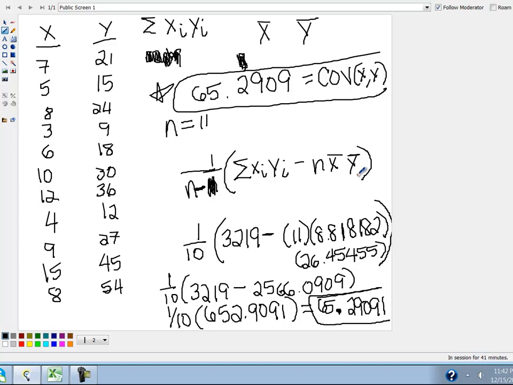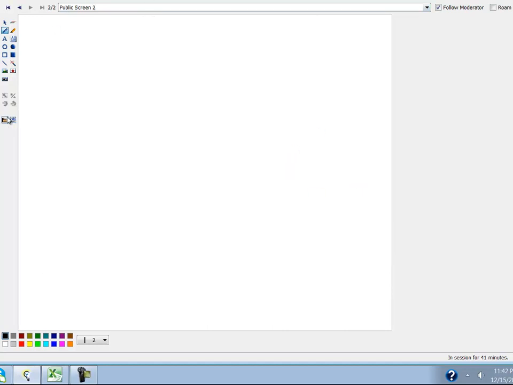Okay, so now that I have that information, that's my covariance, I'm going to go ahead and calculate the correlation coefficient. And the formula for the correlation coefficient is the covariance of x and y over the standard deviation of x times the standard deviation of y.